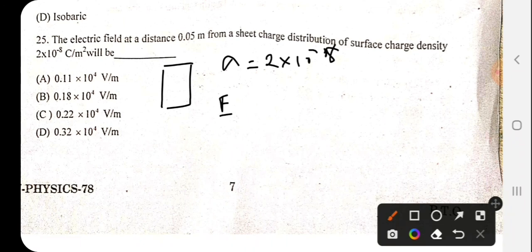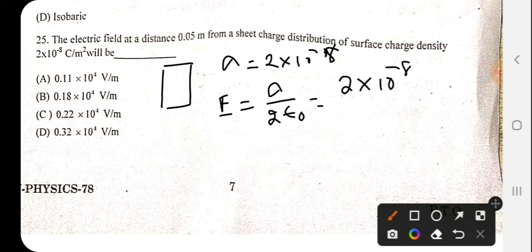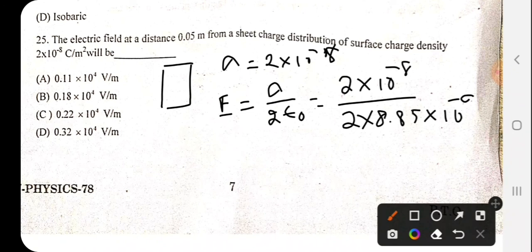The electric field formula is sigma upon 2 epsilon naught. So this equals 2 into 10 to the power minus 8 divided by 2 multiplied by epsilon naught, which is 8.85 into 10 to the power minus 12. After solving this we get 0.11 into 10 to the power 4 volt per meter. So option number A will be the correct answer.